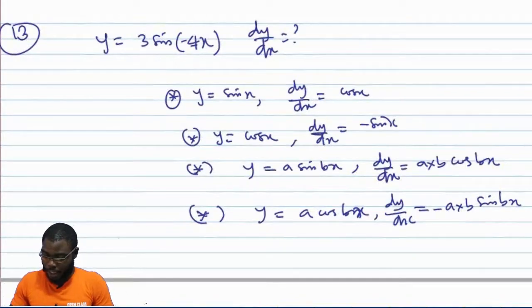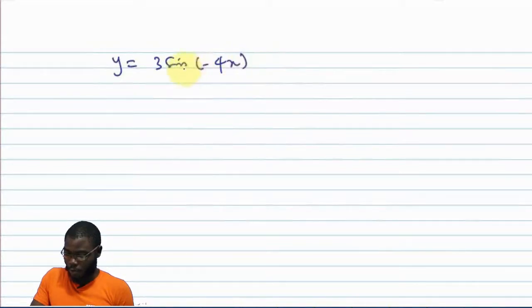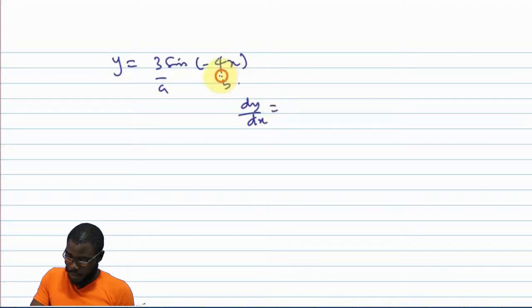Okay, now let's move on to solving this very question. I'm going to go to the next screen so you can have space. The question says y equals 3 sine minus 4x. So this is in the form a sine bx, this is your a, this is your b. So your dy dx is just simply multiplying this by this.